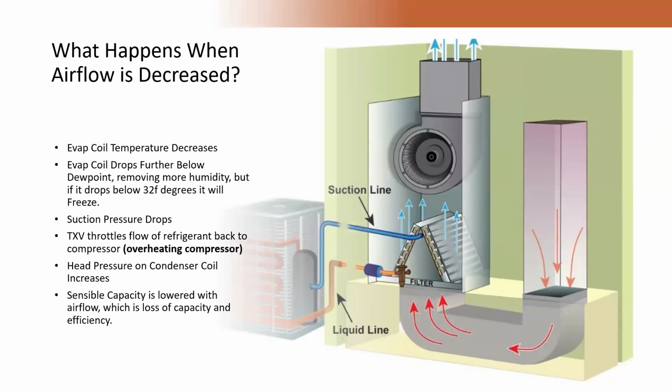So, all things considered, what your customer is going to feel is their sensible capacity is going to be lower. That unit is no longer moving the airflow and it's no longer moving the refrigerant. We can literally take a 3-ton system and downsize it to a 2-ton, a 1.5-ton by not moving the refrigerant and not moving the airflow.